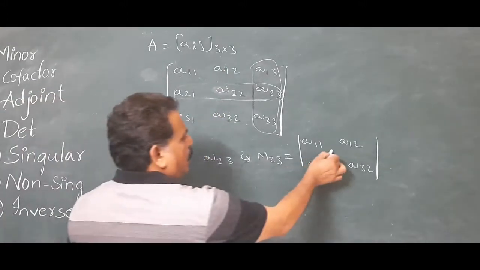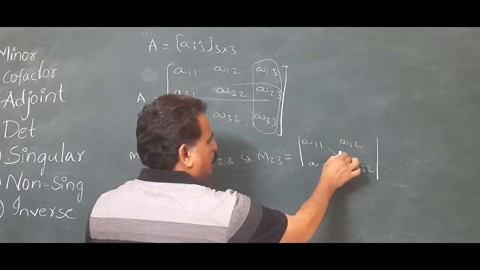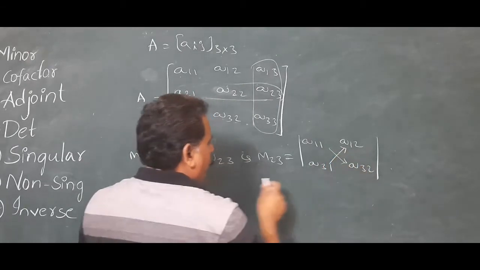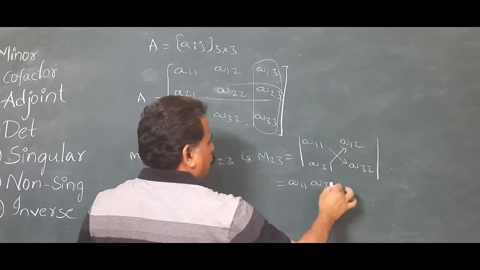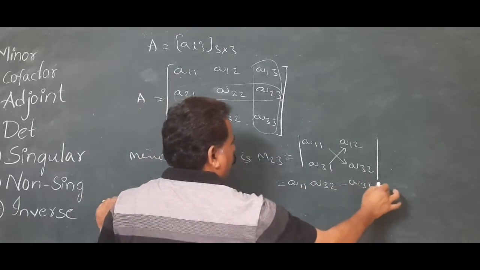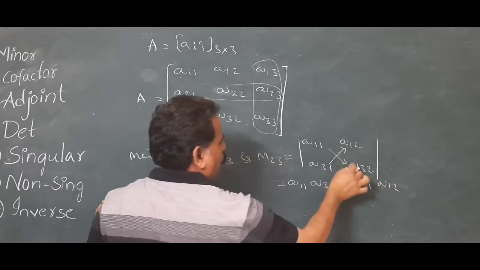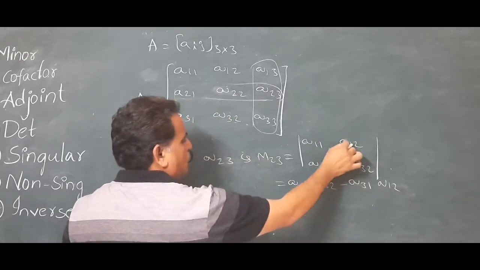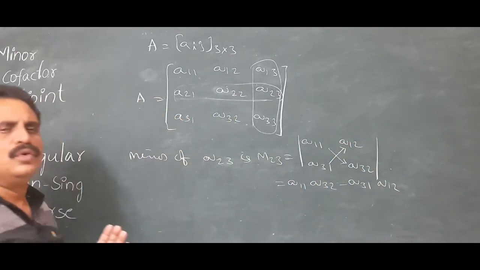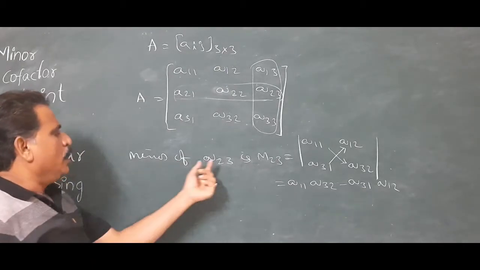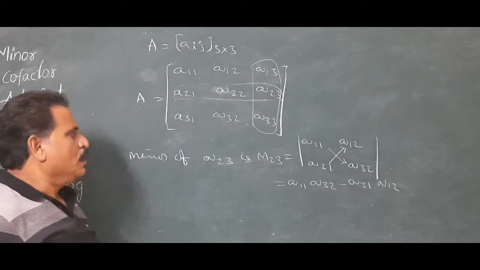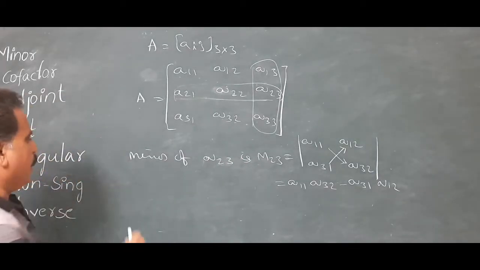The determinant of a 2 by 2 matrix is A11 A32 minus A31 A12: product of these two elements minus product of these two elements. So the minor of A23 is that.